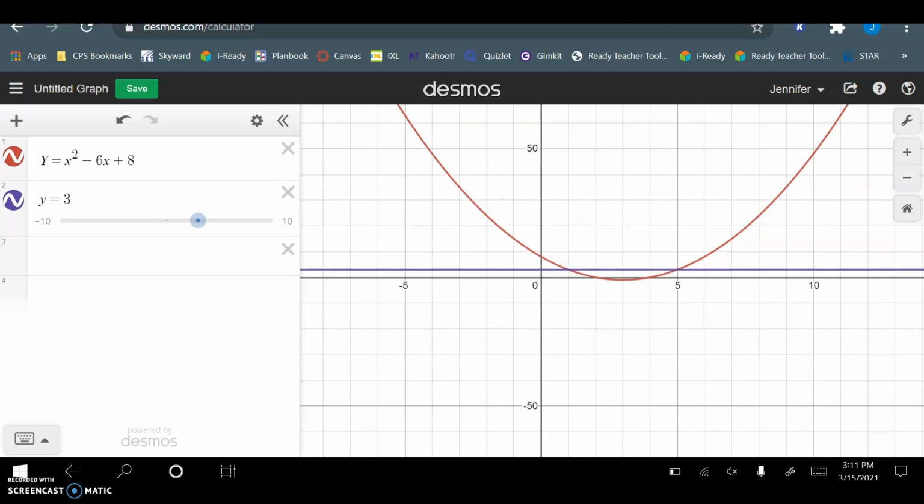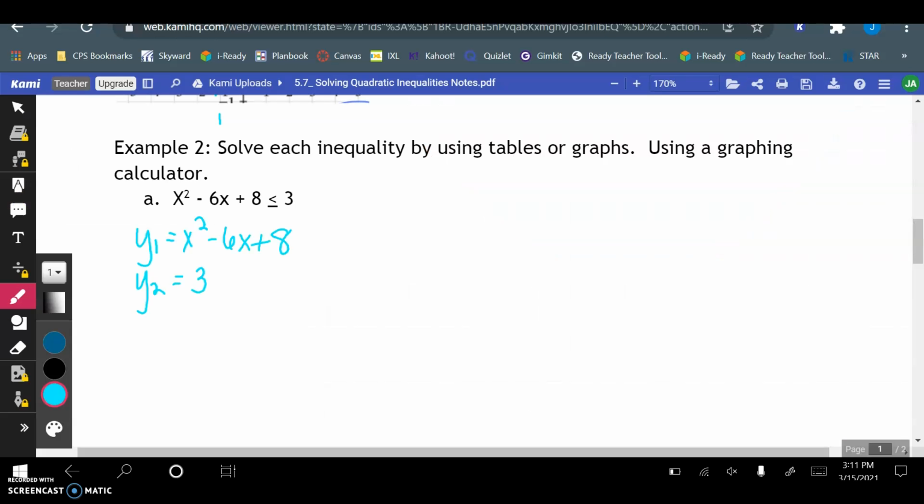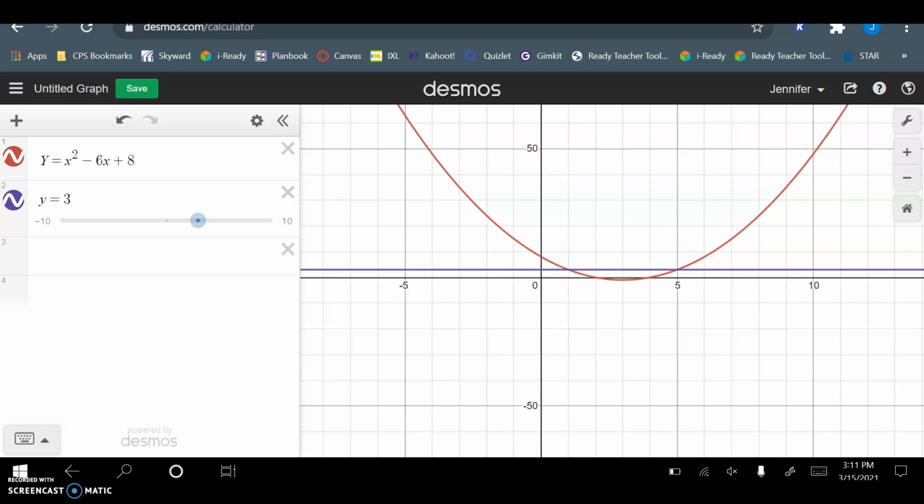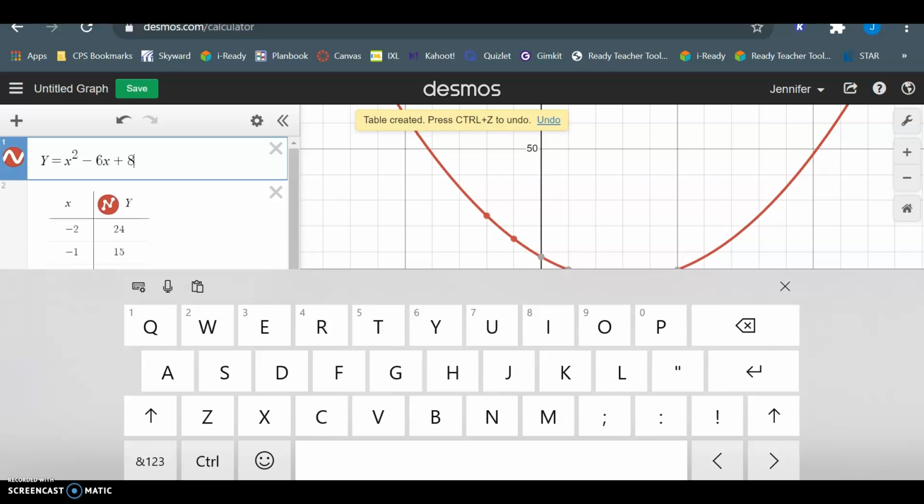But we are going to want to figure out where our parabola is 3 or under, because our inequality symbol is underlined, so we're including 3. We want to click the settings, and then click the little table, and it's going to give us a chart here.